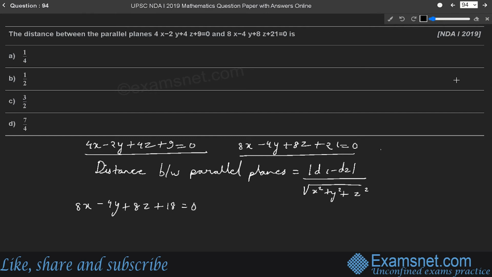You can see that 8x is common, minus 4y is common, 8z is common, but only the digit is different, which is 21 and 18. So now we will put the values according to these two equations. Let this be equation 1 and let this be equation 2.